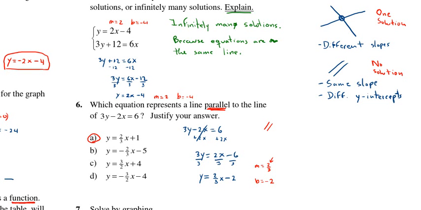Why? Because they have the same slope and different y-intercepts. That will be our justification, our explanation. They have same slope and different y-intercepts.